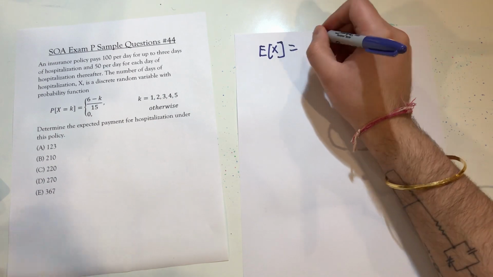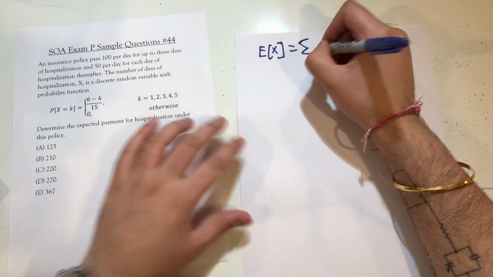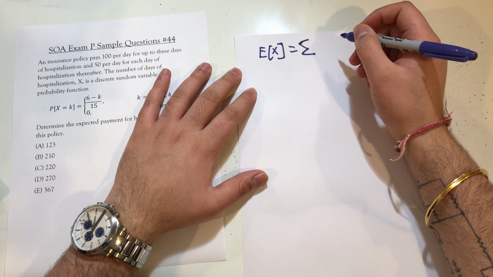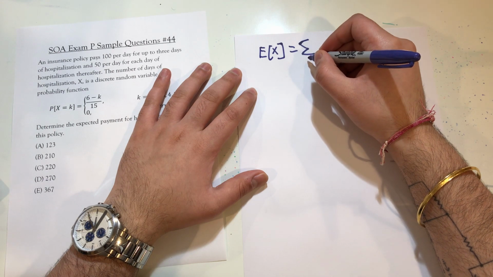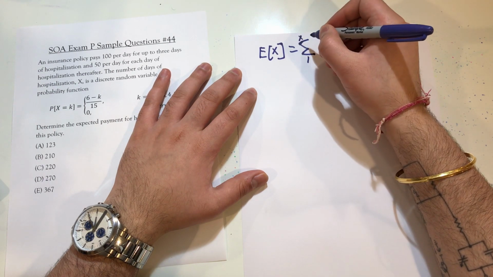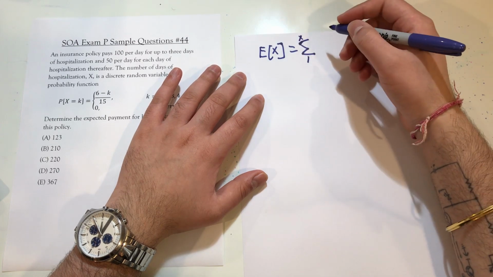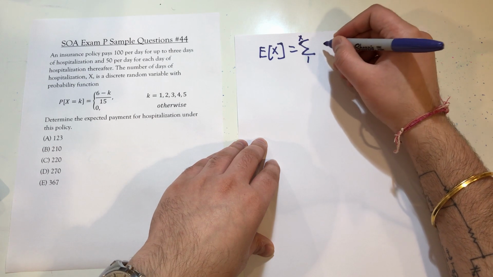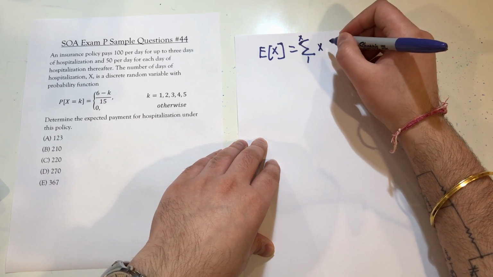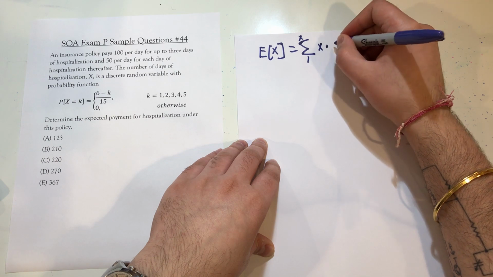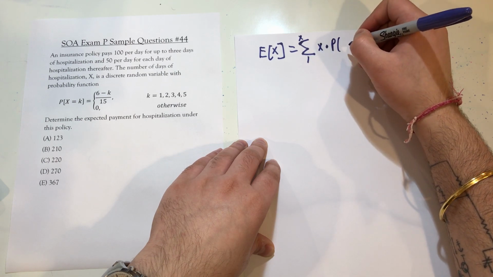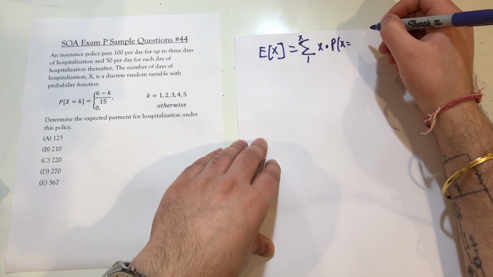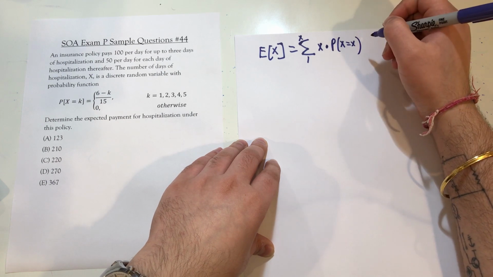It's going to be equal to the sum, right, of, let's say it's from 1 to x, right, wherever the stopping point is, of the amount, right, multiplied by the probability that x equals some smaller x. Okay?